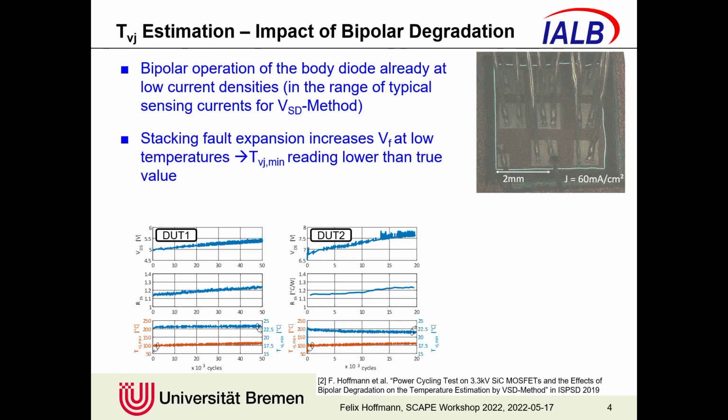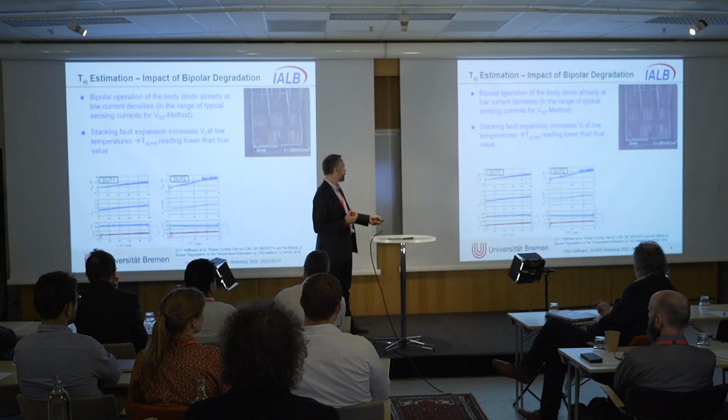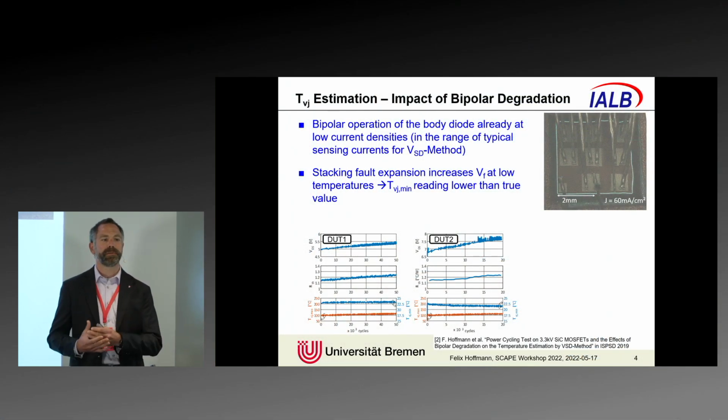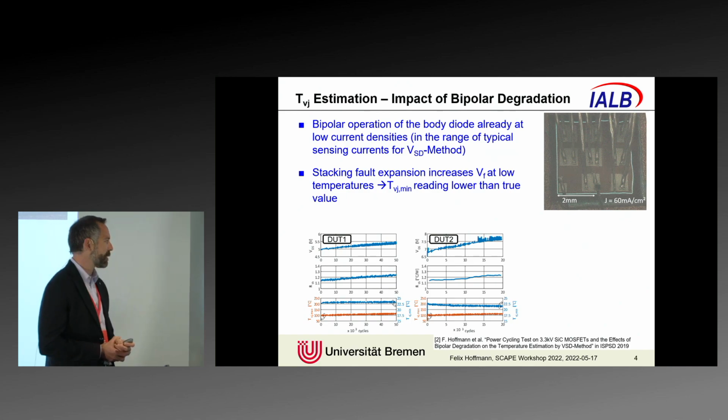You can see this here as an example for two similar devices. If you look at the minimum temperature in blue, for DUT1 it's pretty stable, as you would expect during power cycling, while for device 2 you see that it's slightly decreasing, which is an effect of the increased voltage drop due to bipolar degradation.